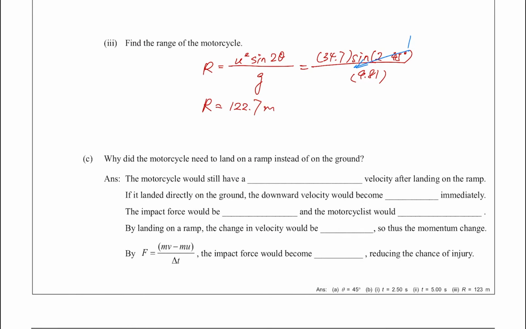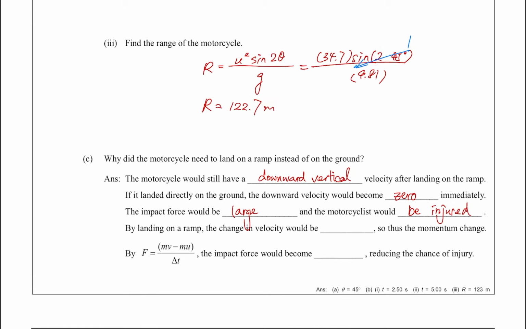The motorcycle will still have a downward vertical velocity after landing on the ramp. If it lands directly on the ground, the downward velocity will become 0 immediately. In that case, the impact force will be large, and the stuntman will be injured.